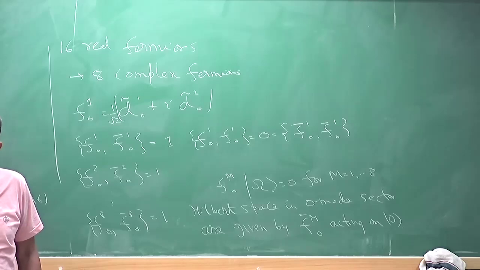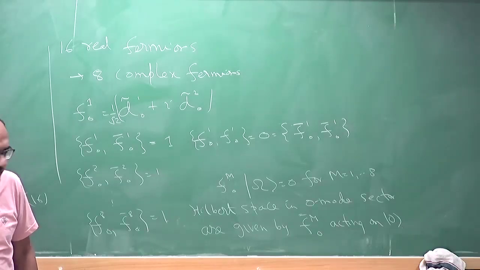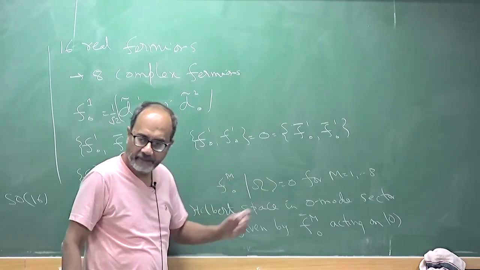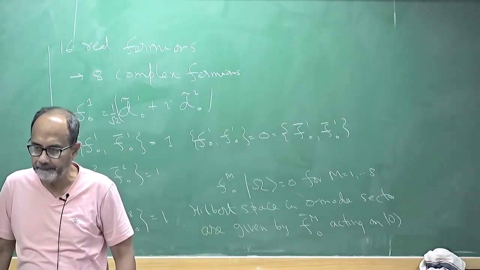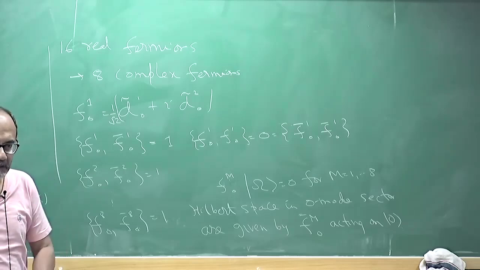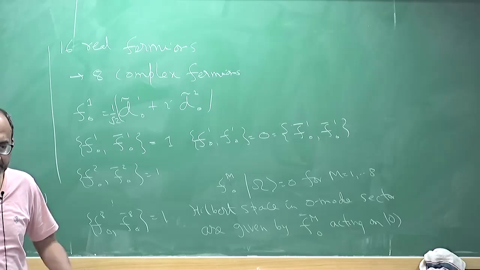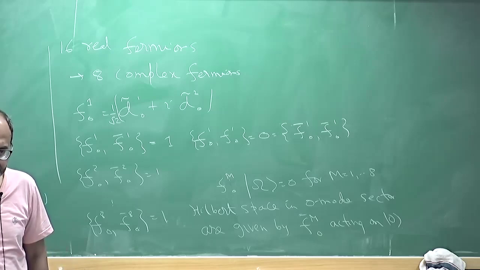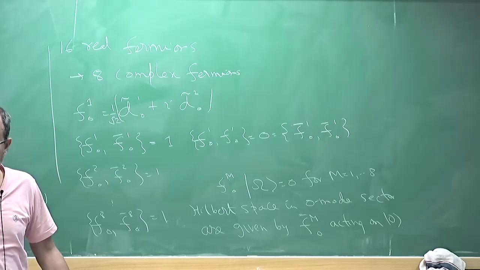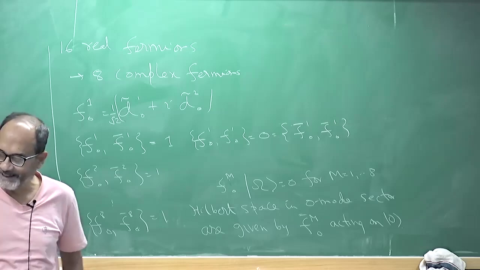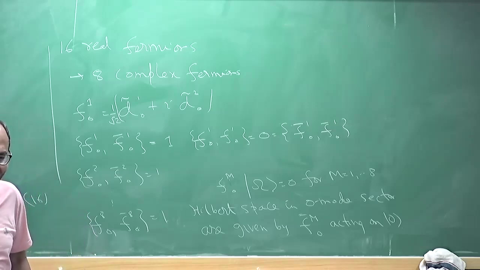You just apply F bar m 0 as many times as you like. Fm 0 annihilates it, so you cannot apply any of the Fm 0s for m equal to 1 to 8, because by definition the ground state is annihilated by those. But F bar m 0 you can apply as many times as you like, meaning once. You cannot apply more than once, because the square of that is 0.